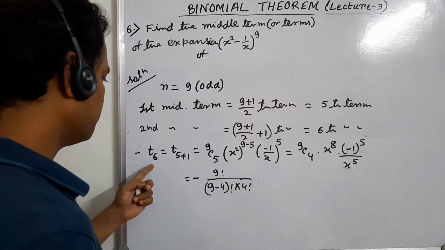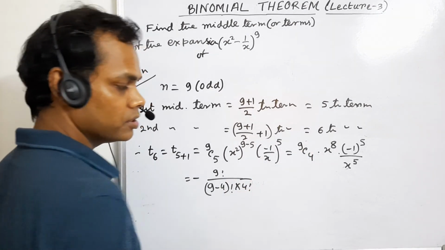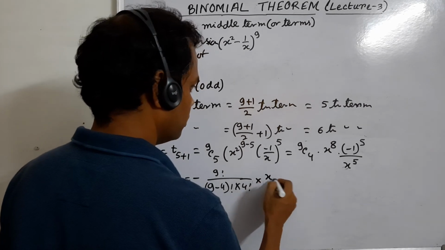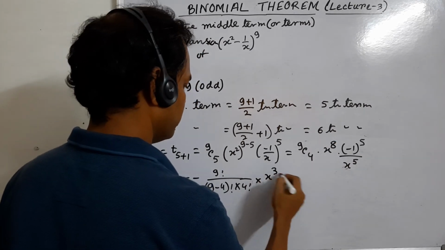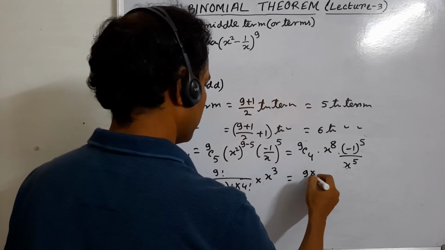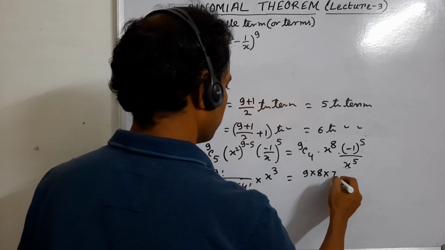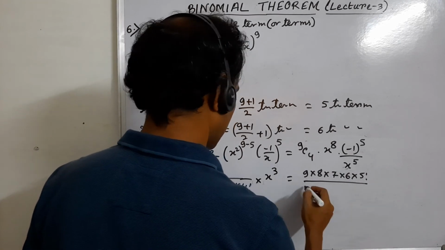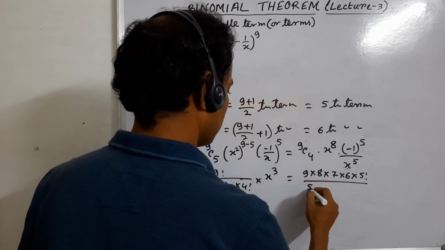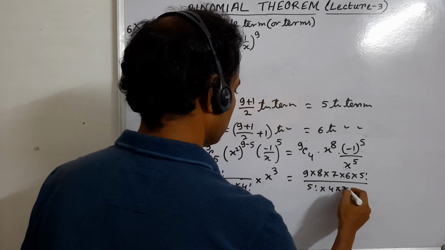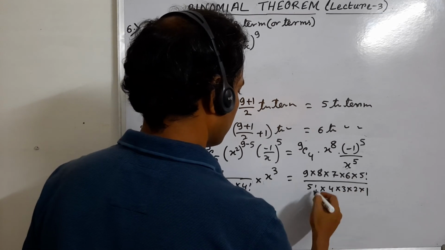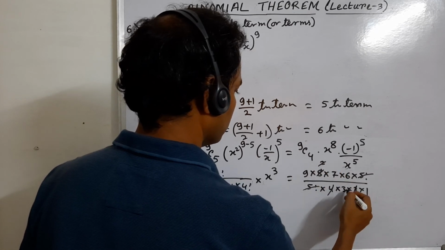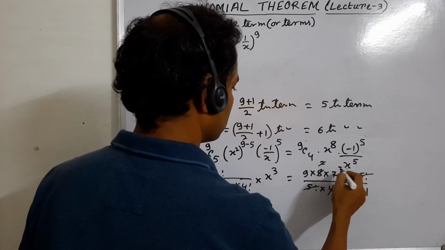As in the previous, T5, 9C4 is 126, so there it is also 126. So x to the power 8 minus 5 is 3. So 9 factorial is 9 into 8 into 7 into 6 into 5 factorial by 5 factorial into 4 into 3 into 2 into 1. 5 factorial cancels out. 4 twos are 8, 3 twos are 6.